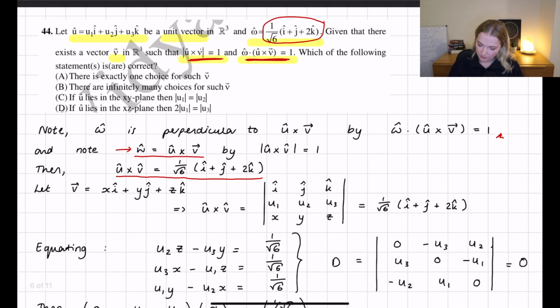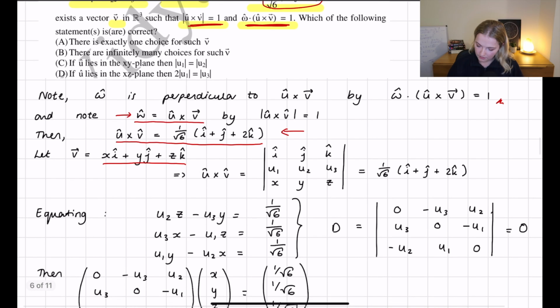But we're told we can deduce this, and then all you do here is you say, okay, we want to figure out which statements are true. So we know that there exists a vector v, so we can write it in a generalized form with x, y, and z for the different components. And then if we do a little cross product in here, we know that u cross v is given by this here, we're just doing the cross product, and that equals this.